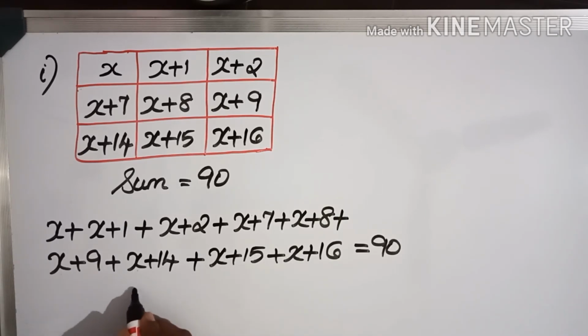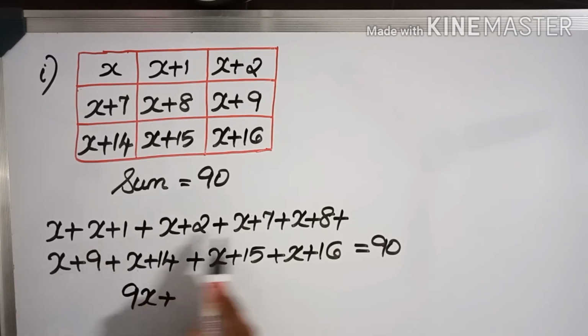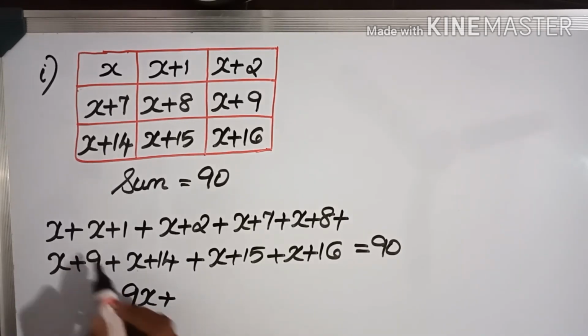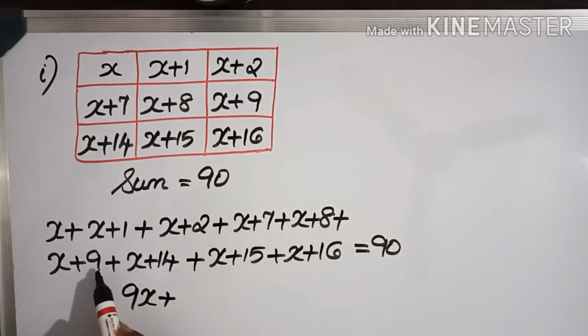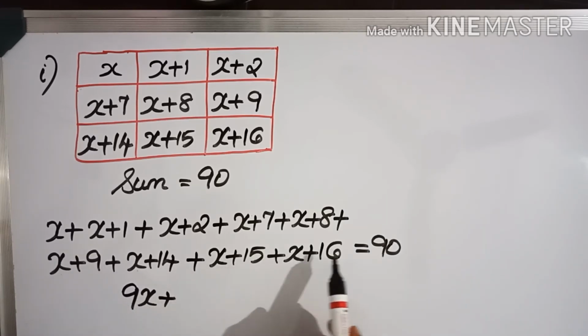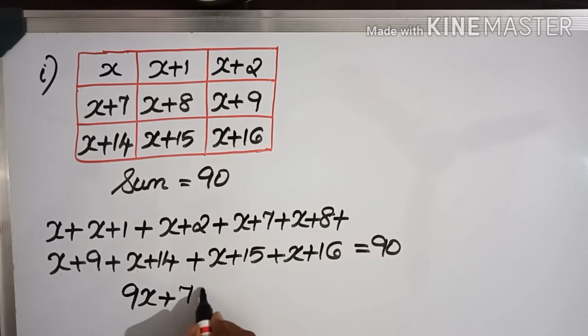So total 9x. Okay, now after that we have to add all the numbers. Don't skip any number. So when you add all the remaining numbers, 1, 2, 7, 8, 9, 14, 15, 16, we will get the answer as 72. Okay, 72, that is equal to 90.